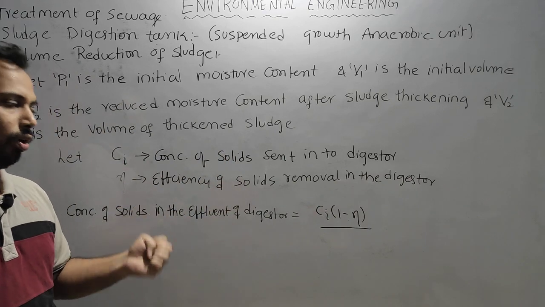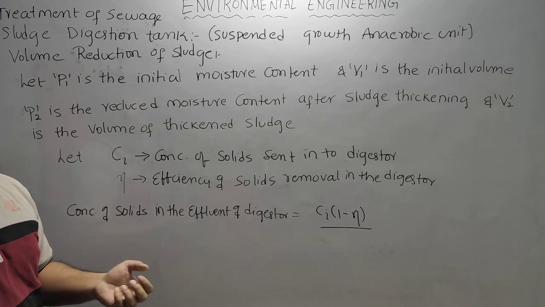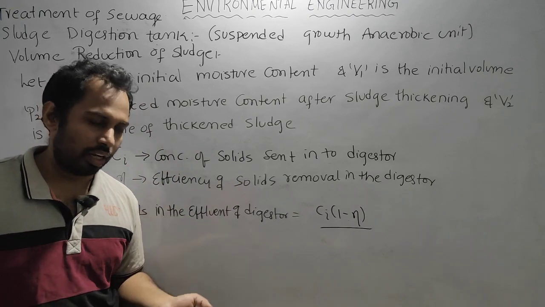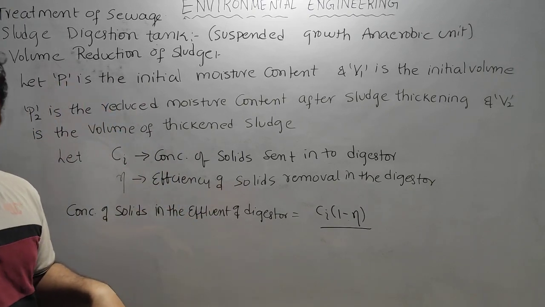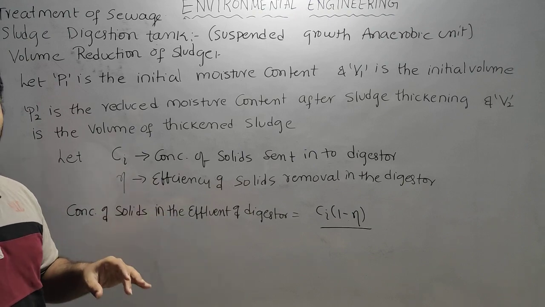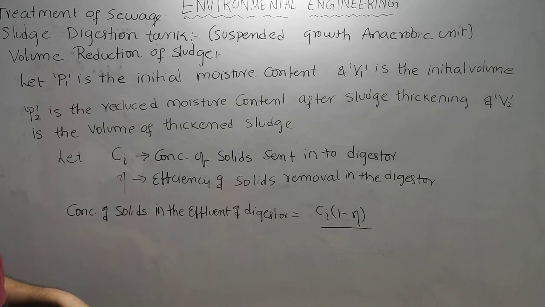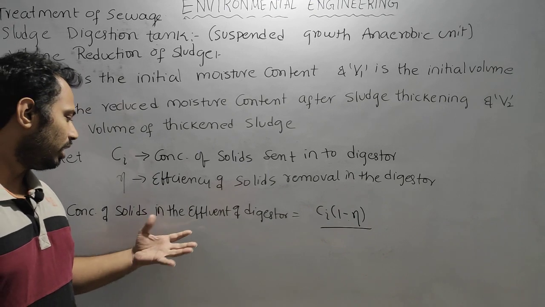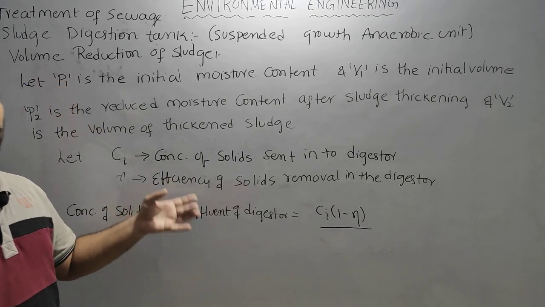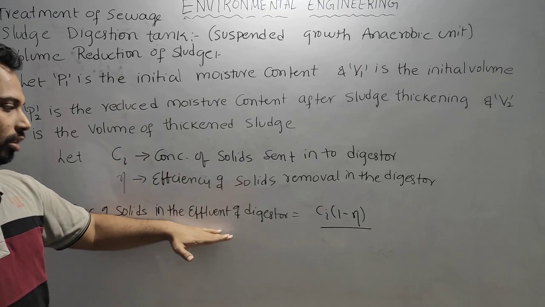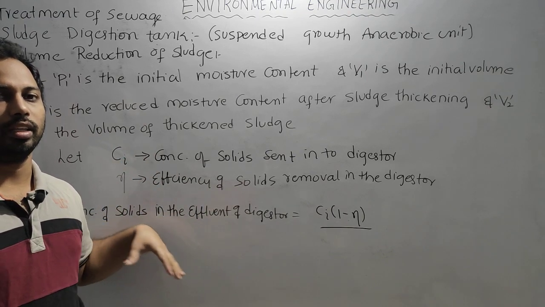I will tell you what we will do after this sludge digestion. After the sludge digestion, there will be digested sludge. That digested sludge will also contain some amount of solids. So this is the concentration of the solids in the digested sludge.